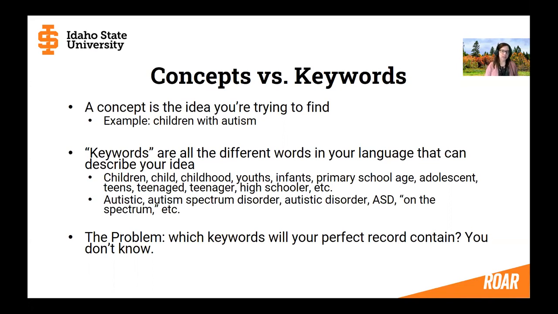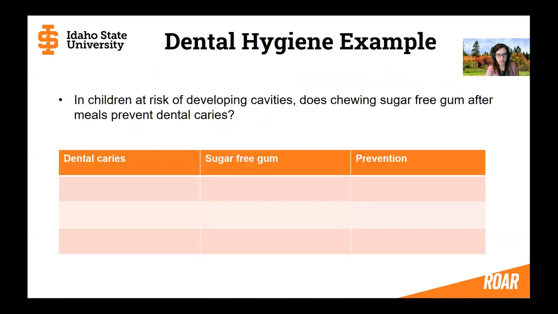So it's important to consider keywords, because we need them to tell the search engine what I really want. I have to consider those additional words when I type things into the search box. There are highly relevant records out there about children with autism, but we don't know what exact English language words those records contain. That's why we brainstorm keywords.